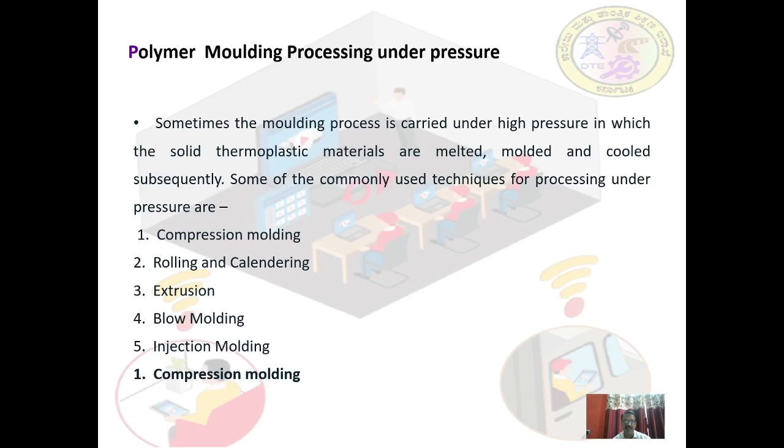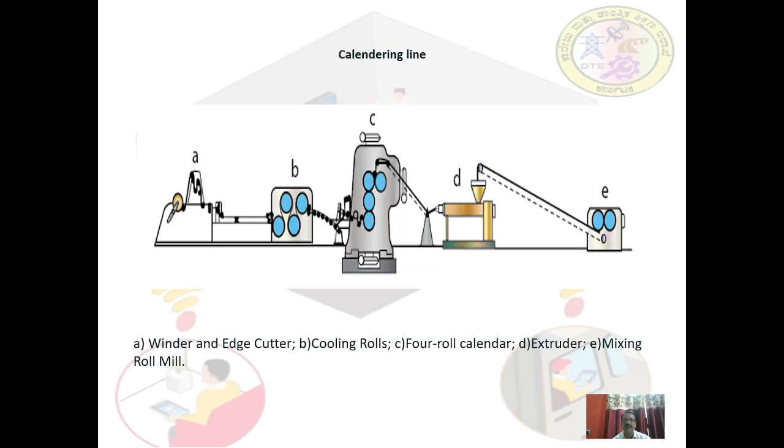Second one is rolling and calendering. The equipment used for this is as shown in the figure. The rolling mill consists of two rolls that are used exclusively for compounding of thermoplastics.